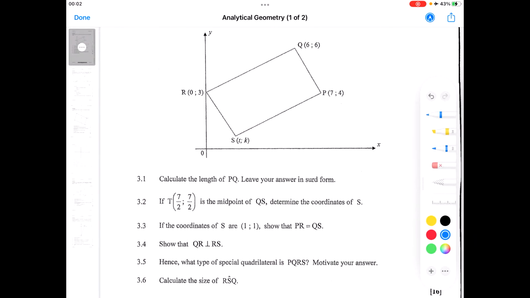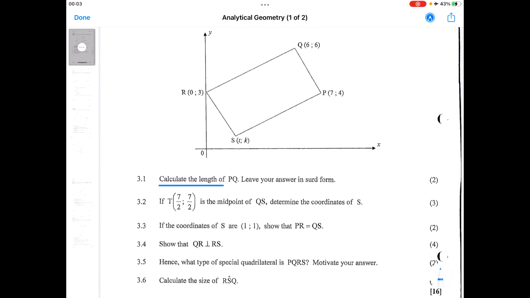3.1, it says, calculate the length of PQ. Leave your answer in surd form. Good people, the key word in this case, what they want you to do is to calculate the length of PQ.